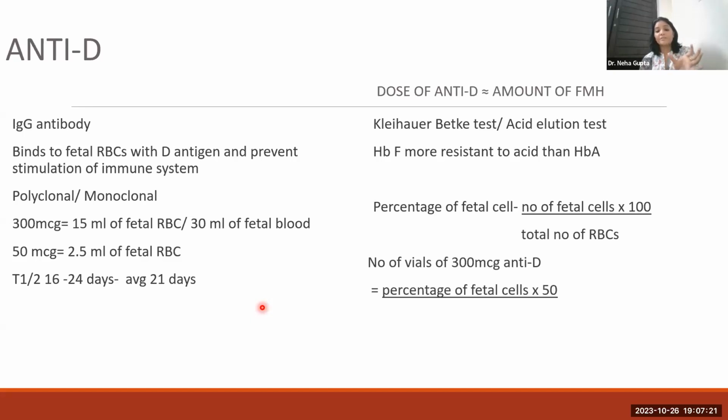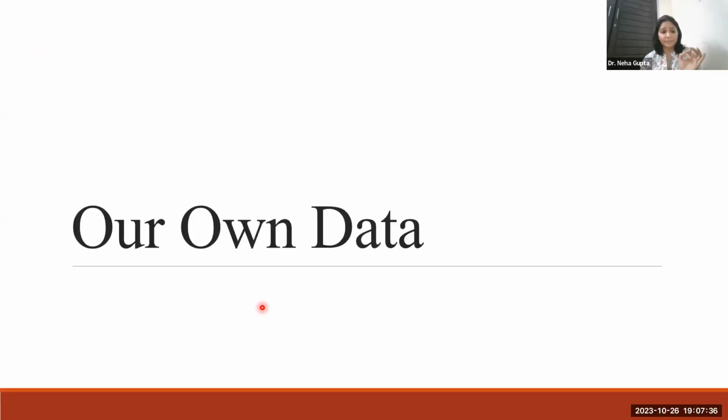This percentage of fetal cells, when multiplied by 50 and divided by 30, gives us the actual number of vials required. Usually, more than 30 ml of fetal-maternal hemorrhage occurs in less than 1% of cases.